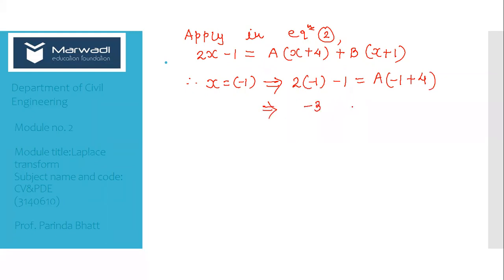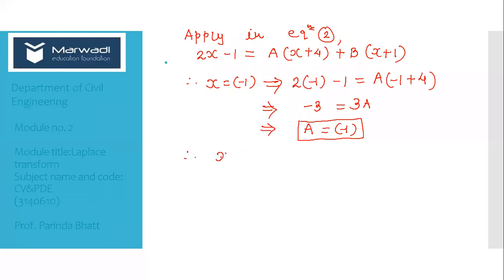Therefore, minus 3 equal to 3a, implies a equal to minus 1. Deepak and Saurabh, very good.